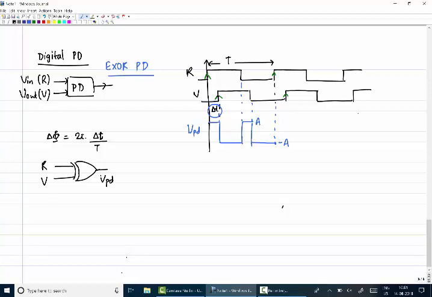This phase error detector does not have one single value, but the average, V PD average, will be equal to A times delta T minus A times T by 2 minus delta T, averaged over T by 2.